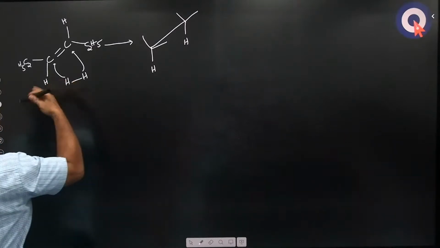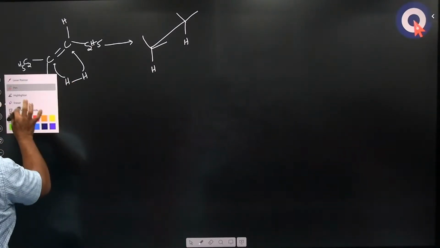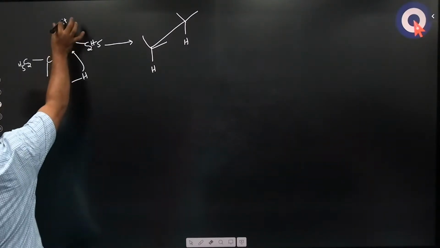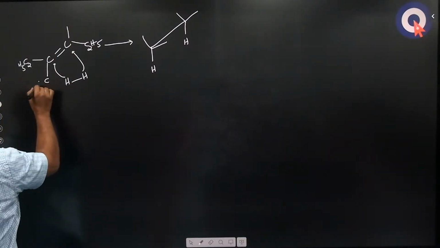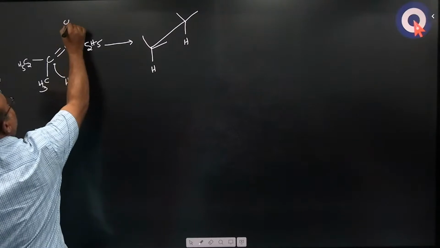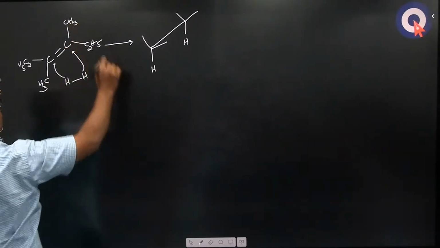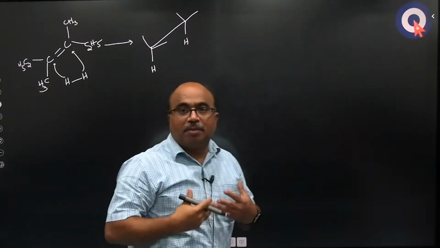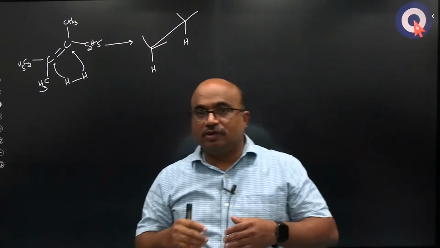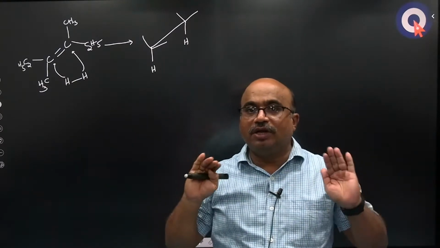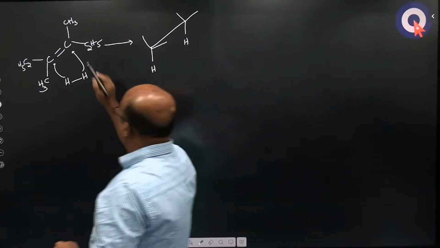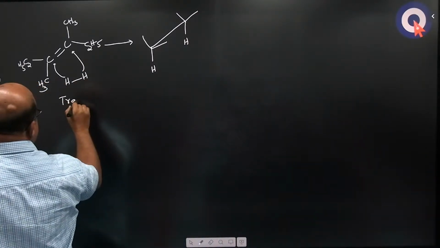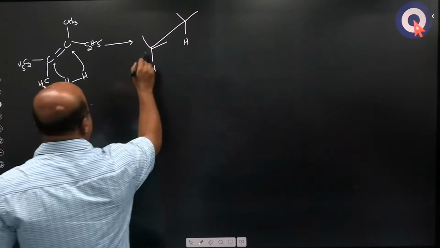This compound will not give it for us, so let us make this change a little bit. Suppose we have CH3 and CH3. From this point of view, the hydrogen is added by syn addition to the trans molecule. So this is a trans, and we are adding by the syn path.